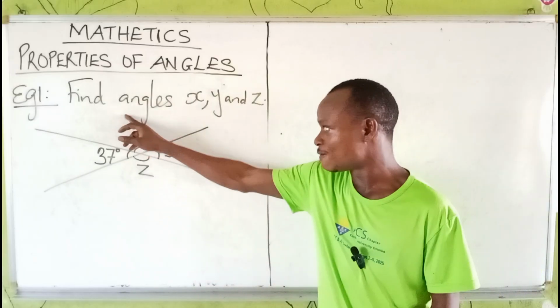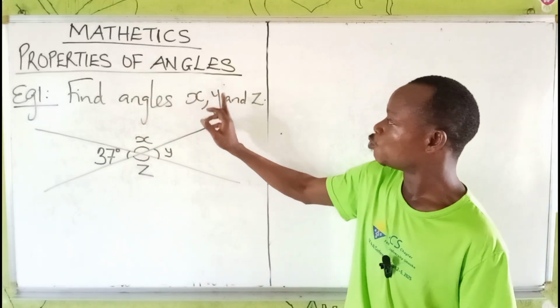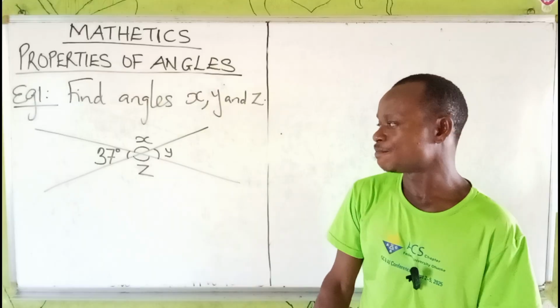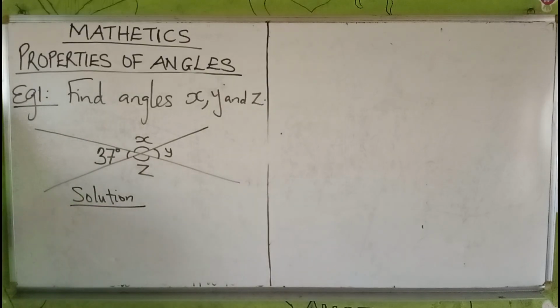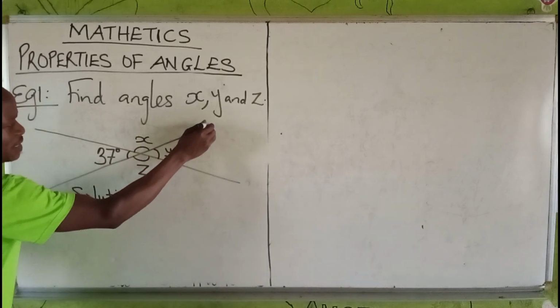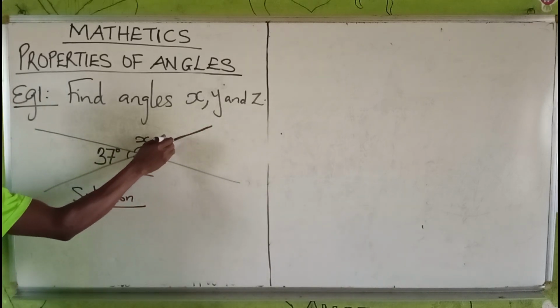The question says that we should find angles X, Y, and Z. Solution. The first angle I'm going to look for is angle X, by considering this straight line.